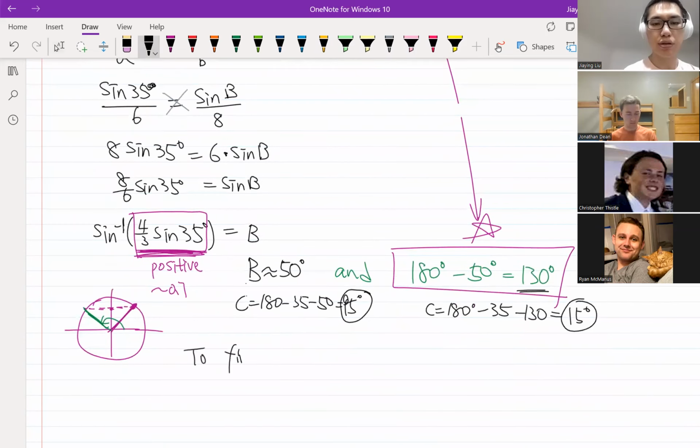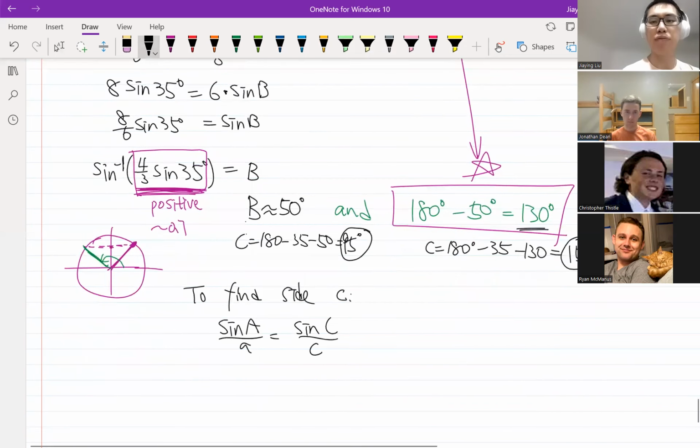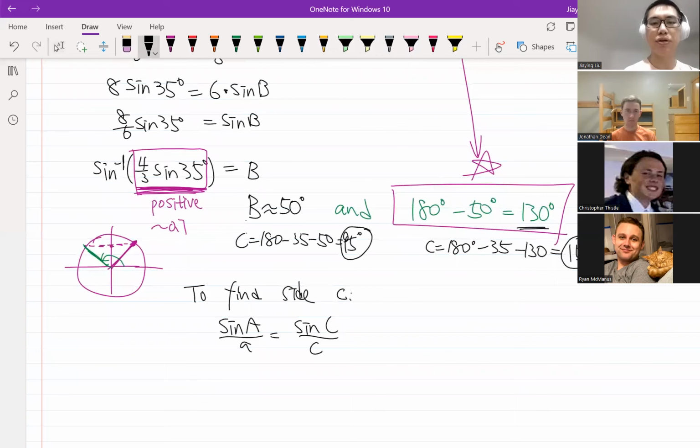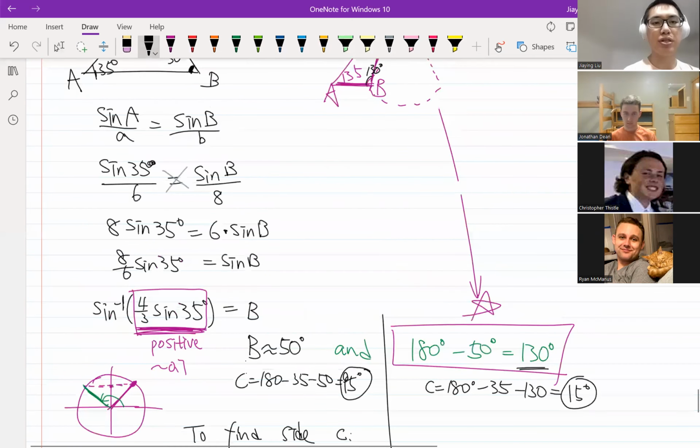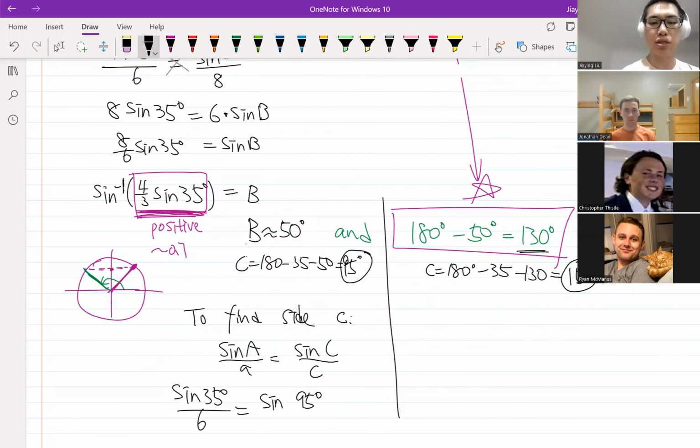To find side C, we can use sine A over A equals sine C over C. For the triangle on the left, we have sine 35 degrees over side A, which is 6, equal to sine C, where C is 95 degrees, over side C. We don't know it, but we can solve for it.